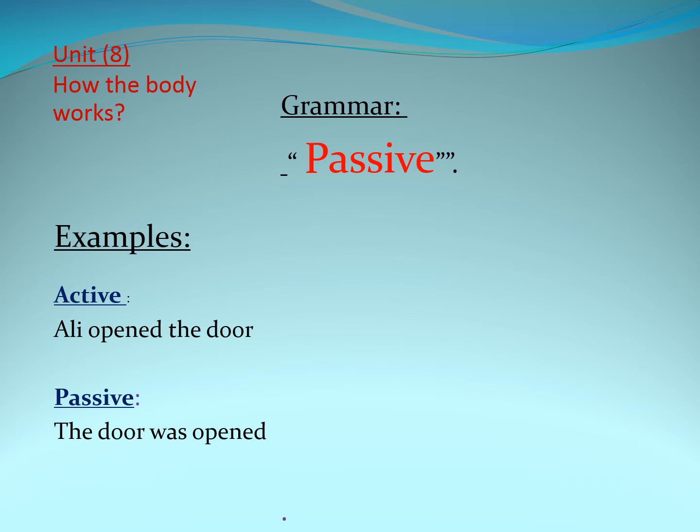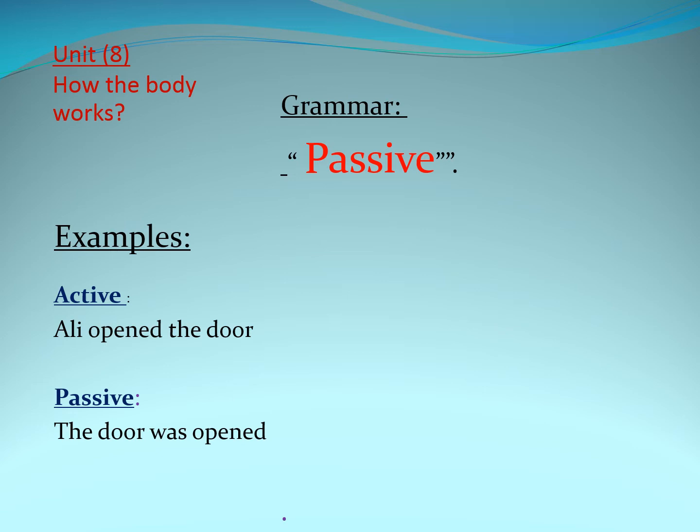Ali opened the door. Then in the second example, we started by the object. Then we use was, verb to be in the past form, and then the past participle. The door was opened. This is the active form and this is the passive form.